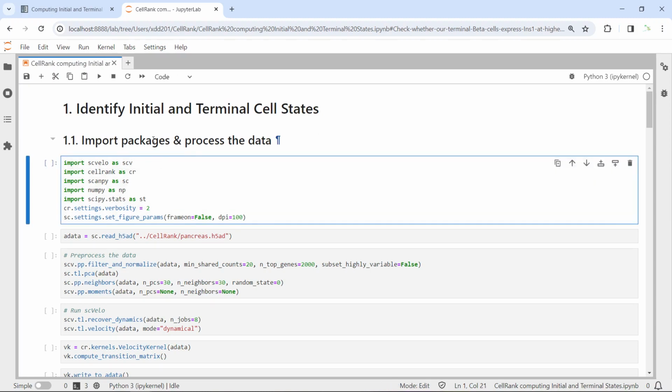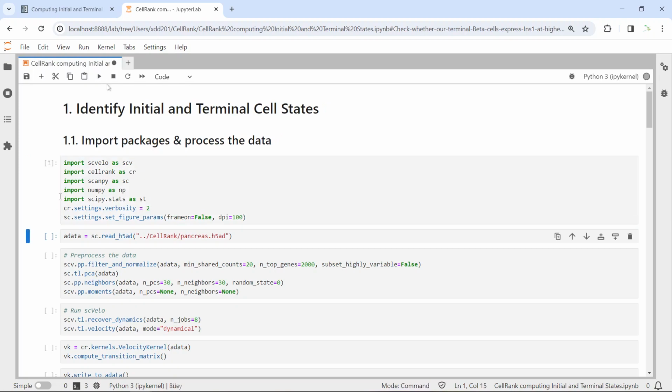So first we can load the packages. Then we load the unprocessed data. So now we can quickly process the data according to the online tutorial.